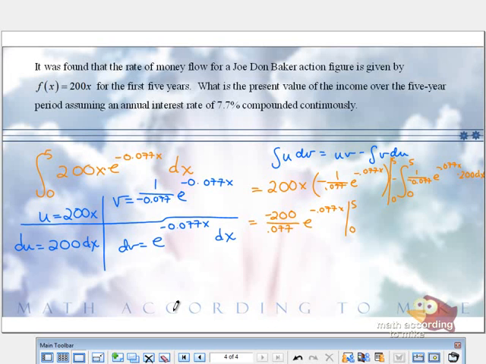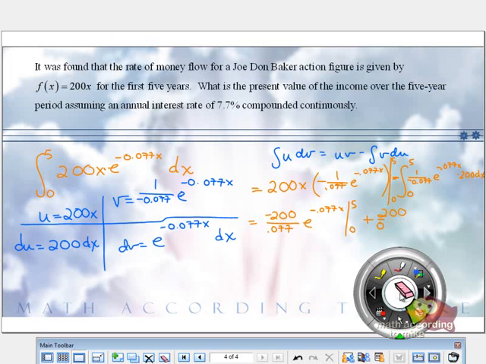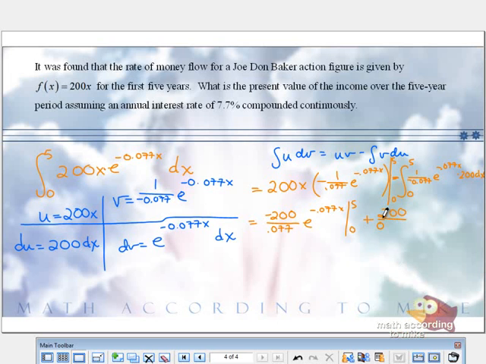But notice there's already a negative there, so the double negative will now make it a positive. There is an x here. Is it okay if I put the x there?